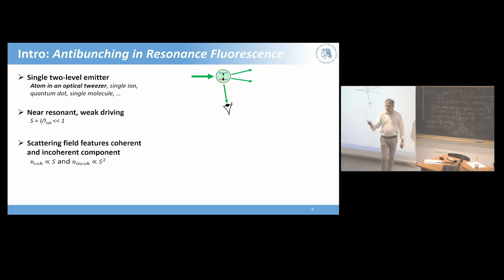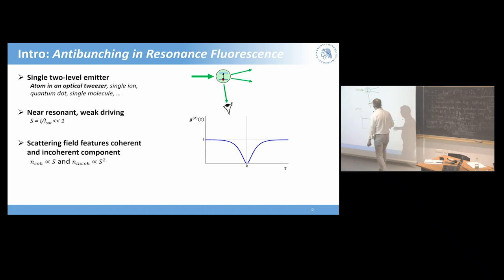So here you see that this incoherent component must come from some non-linear process, because it scales with the intensity squared. And if we then look at the G2 function, we see this characteristic anti-bunching behavior if we have our molecule or atom or ion illuminated.